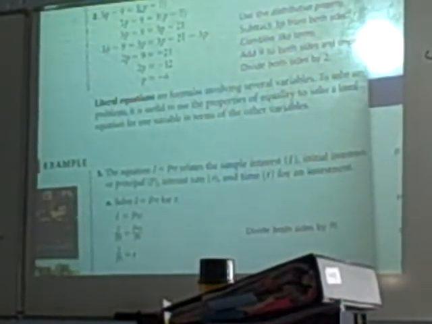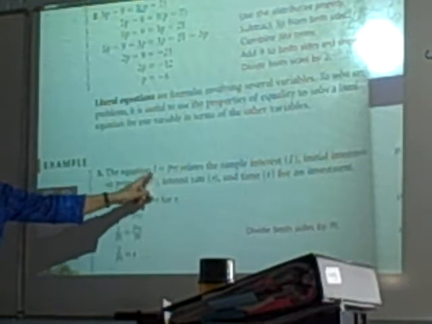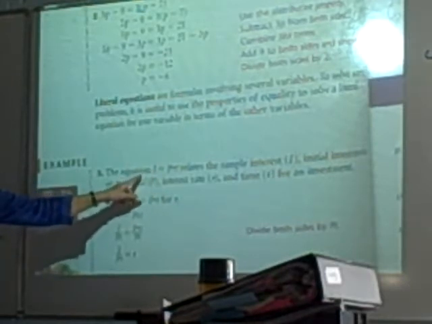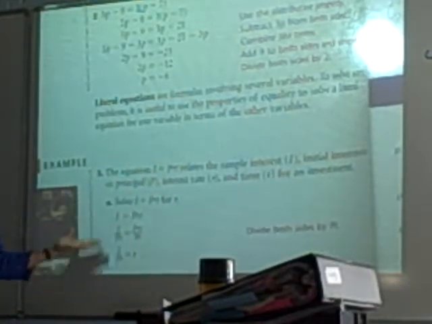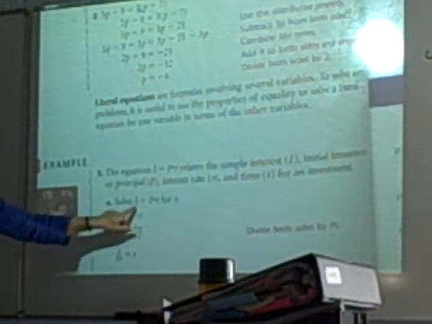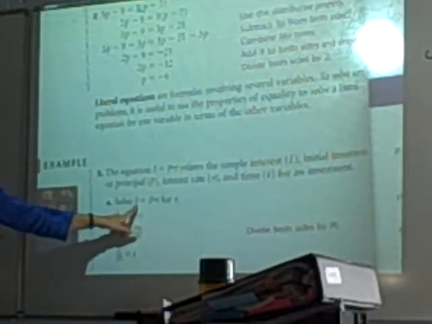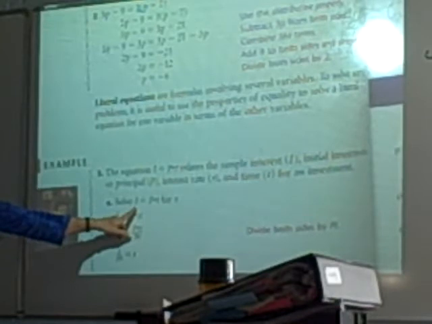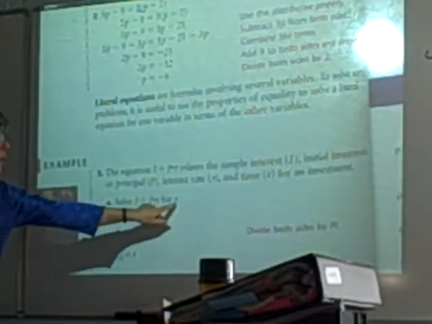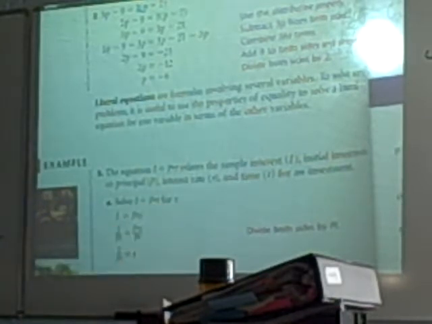It's highlighted, it's a bold letter, it's written boldly. Did we do problems in this type of thing? The equation I equals PRT relates to simple interest, and they're asking you to solve for R. Oh, here, solve I for R, sorry. Do we know how to get R by itself?